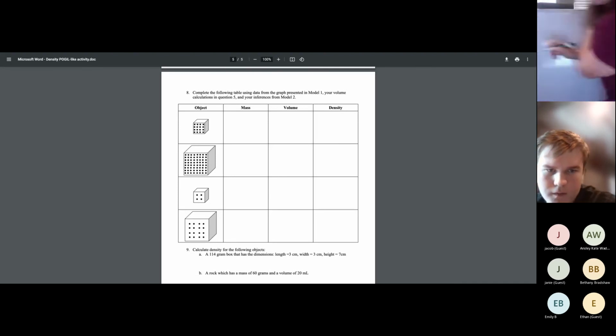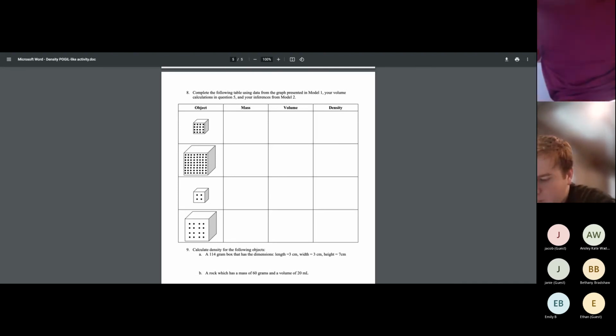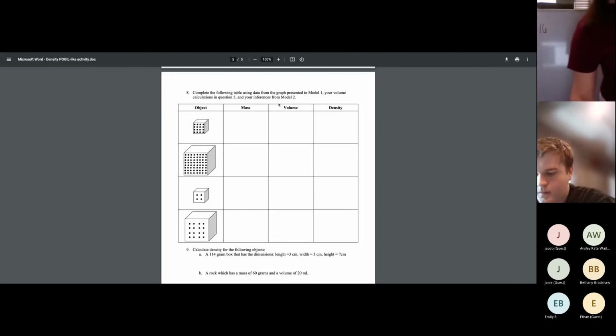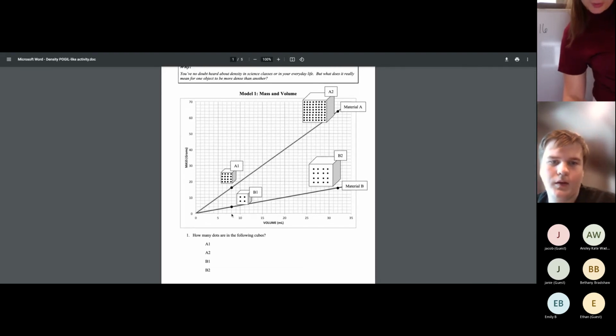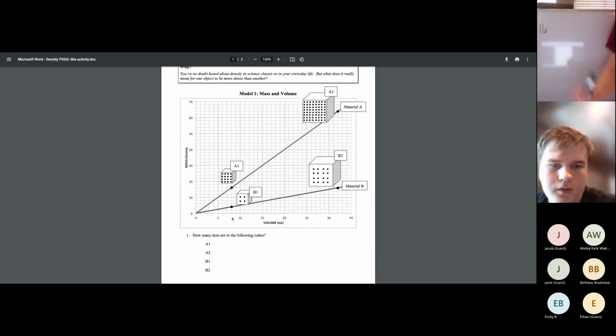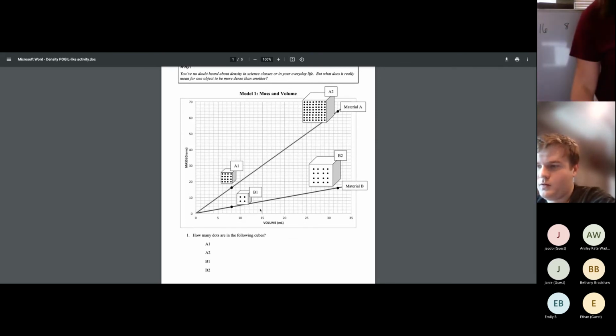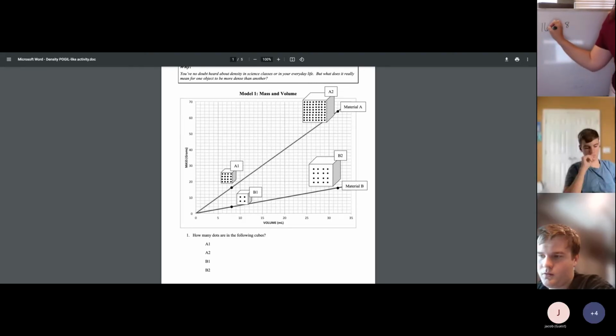It was 16, right? What was its volume? If we go back and look, we've calculated it, but we can just look on here. It was 8, right? So what is the volume, or what is the density of object A1? 16 was its mass, and 8 was its volume.